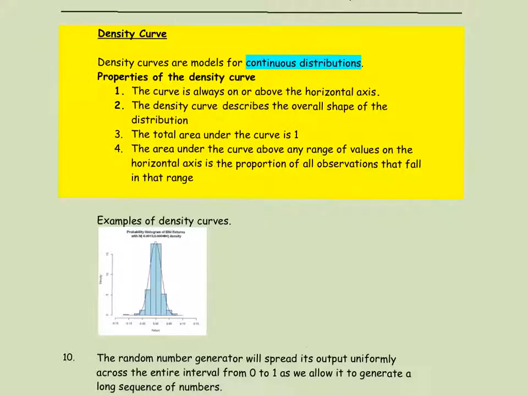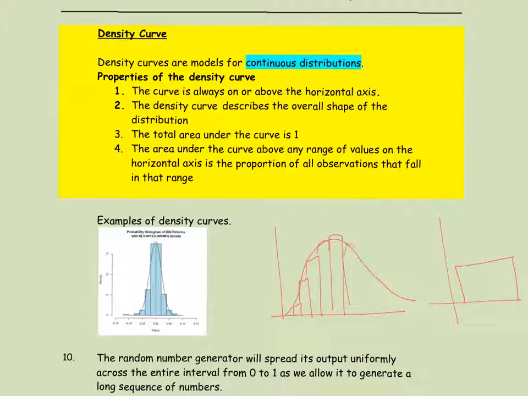The probability density curve is just like a histogram, and we look at the shape of the histogram. Sometimes it could be a bell-shaped distribution, sometimes it could just be a rectangular distribution. It all depends on what shape the histogram forms.